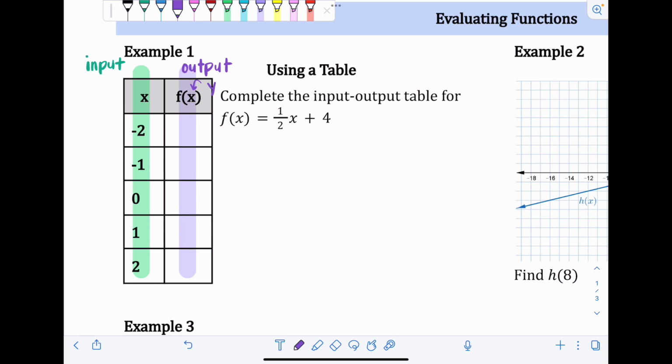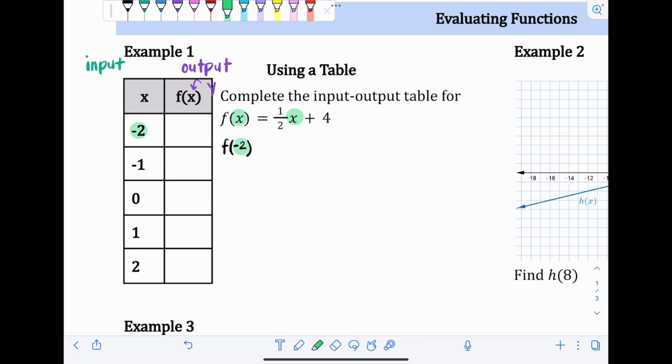So our first input value, that's x equals -2. So we're going to take -2 and put it in the function where x is, and we're going to write it in for both of them. So then this, remember, is read as f of x. So when I put the -2 in, we're going to read it as f of -2.